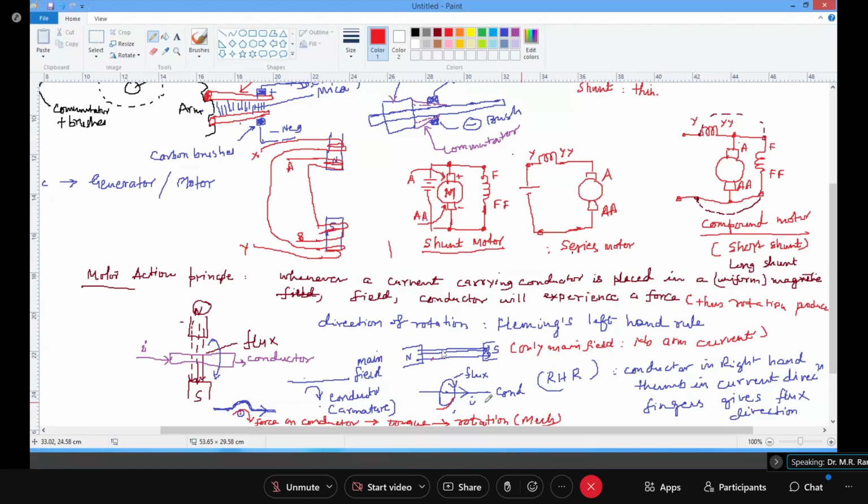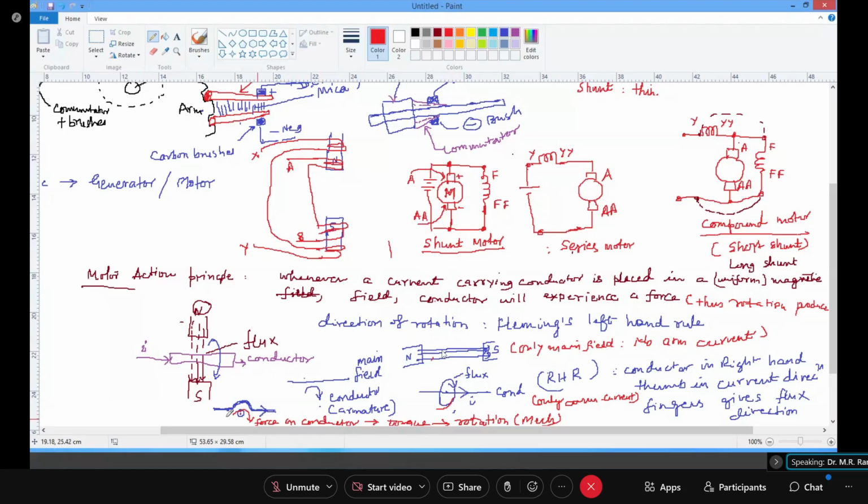And this is the field produced by armature current only. Only armature current flowing, no main flux. But in practice both the fields exist simultaneously.